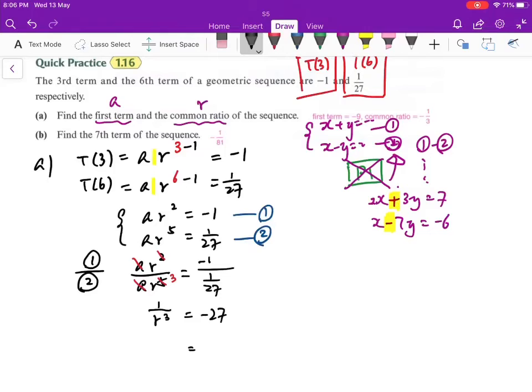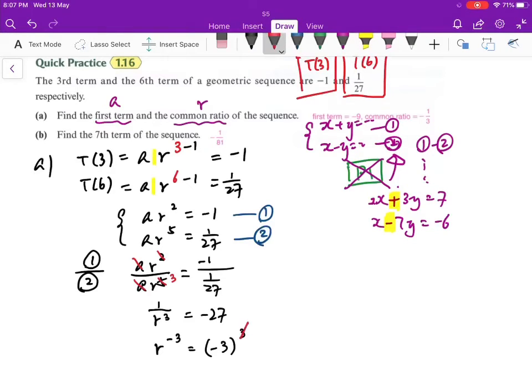I think a lot of the students already thought that, oh, it should be the 3. Okay, so let's see how we can do it. R to the power -3. Okay, so we'll have the -3 to the power 3. Okay, see it? Got it? So I hope that if you don't understand, replay the video a few times, okay, to find out. So now cancel, okay, the like terms.